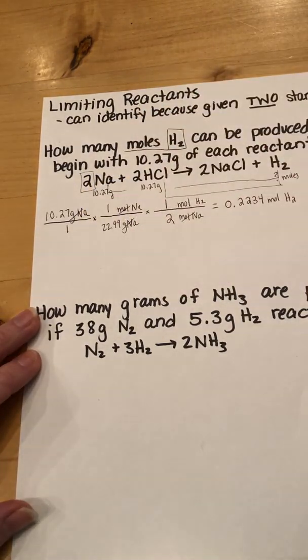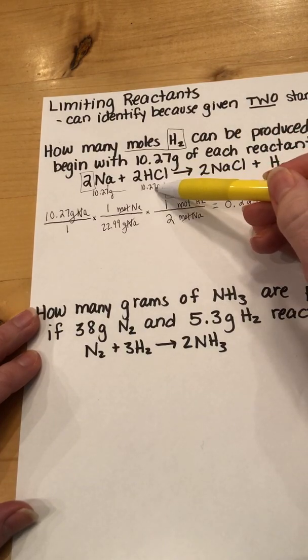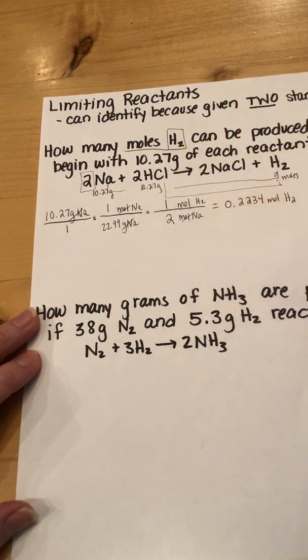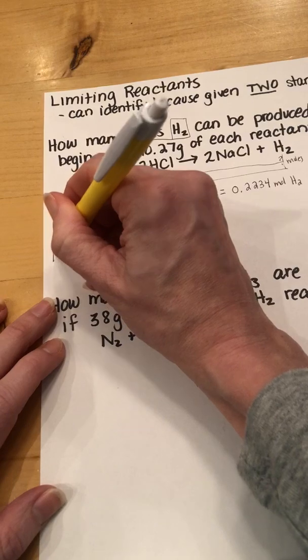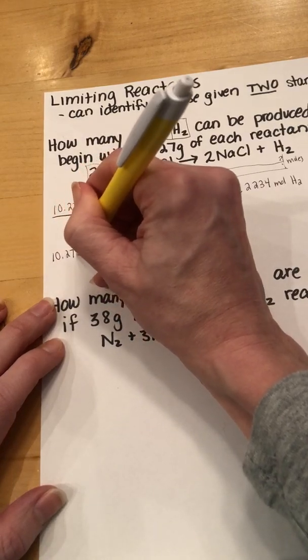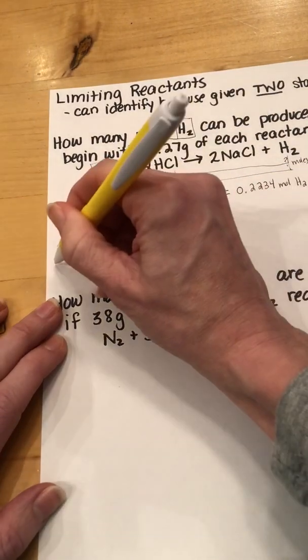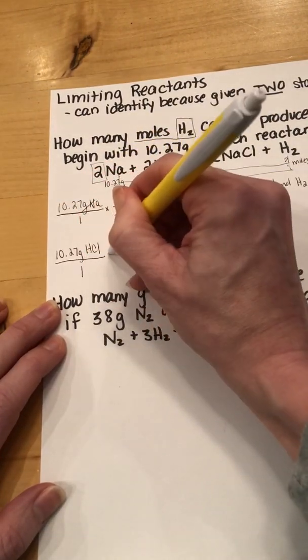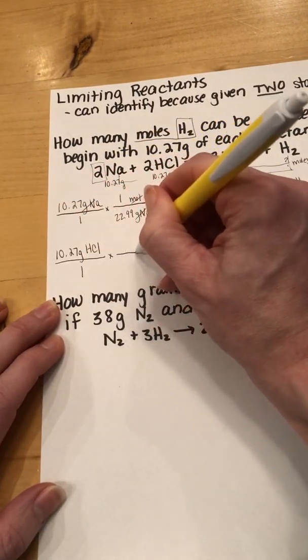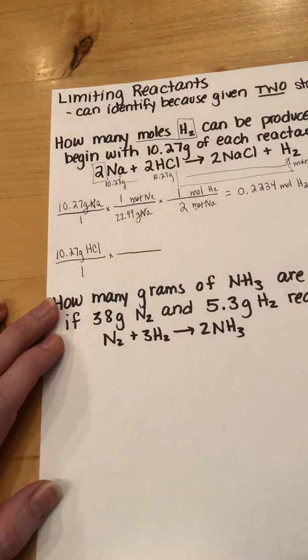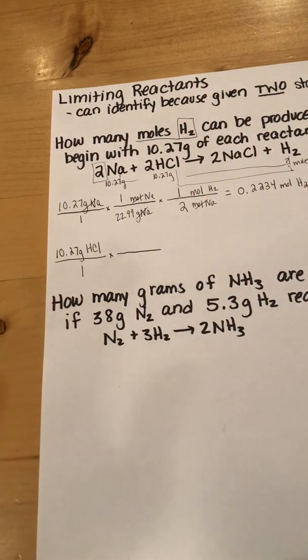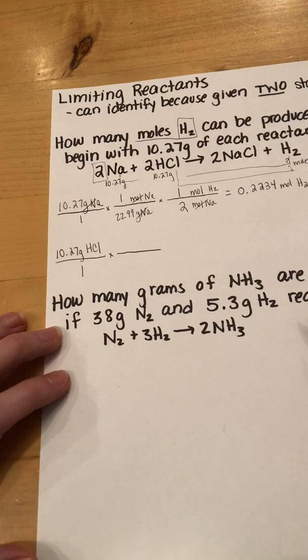Okay, so that's my first possibility. I then have to do this problem again with the amount that I'm given of the second reactant, which I'm told is the same mass. So 10.27 grams of HCl. And I want to do a prediction of how many moles of hydrogen I could produce if I had just this amount of grams of HCl and assumed I had enough of the other reactant.